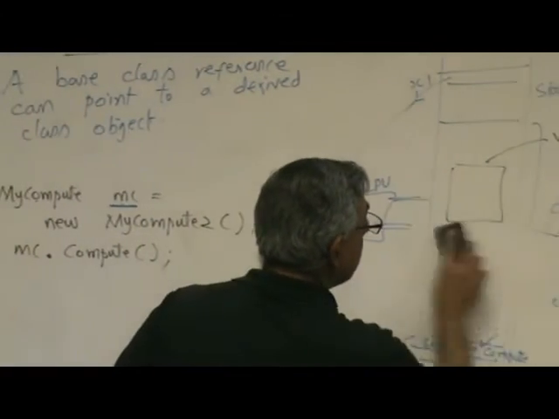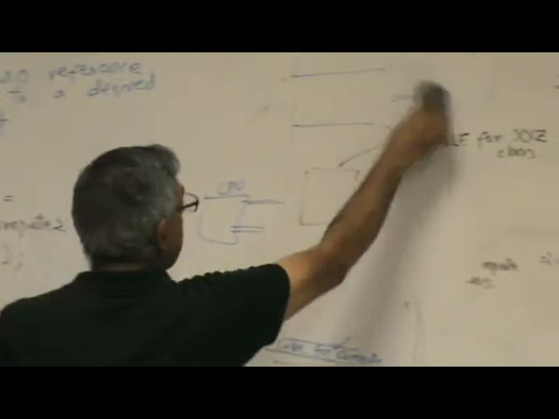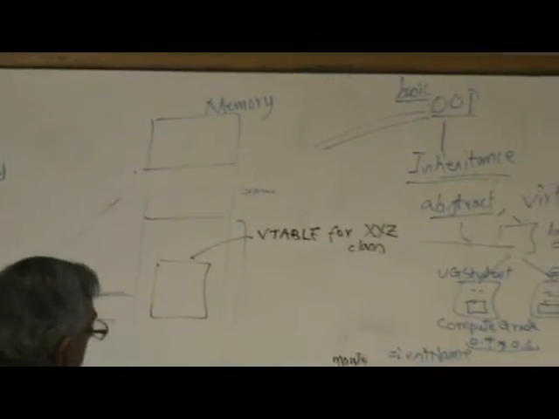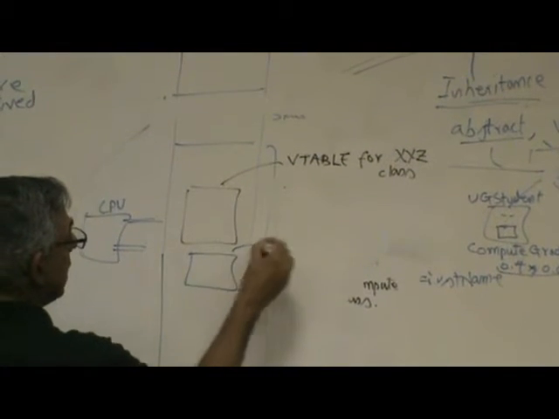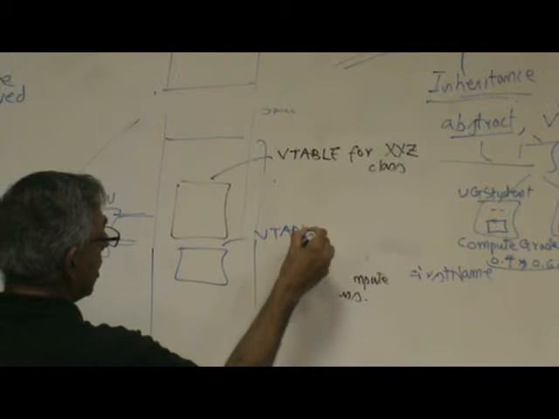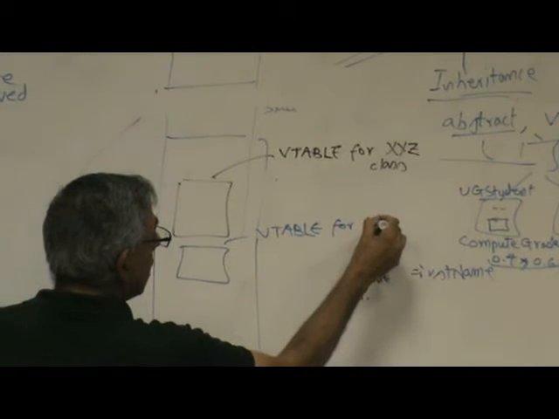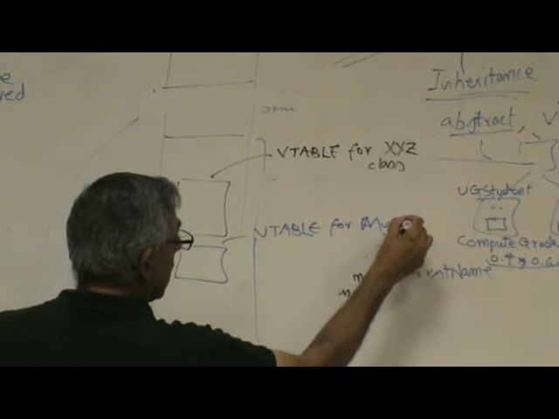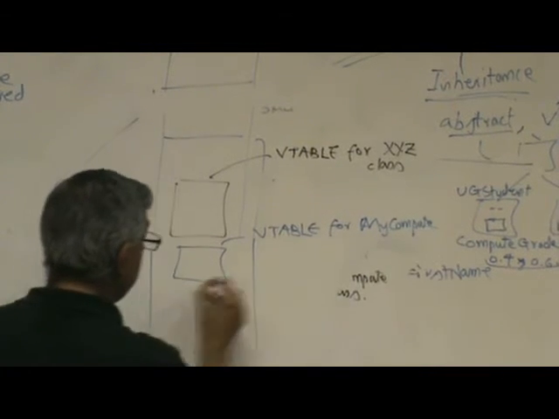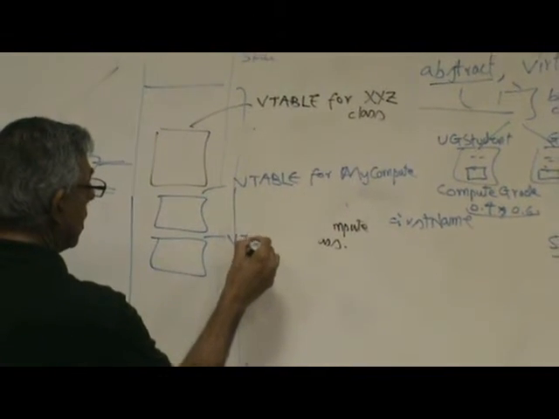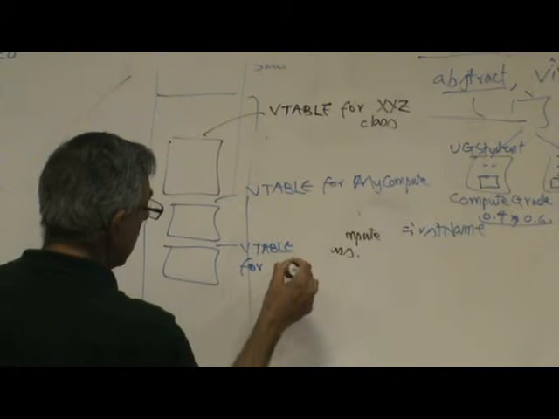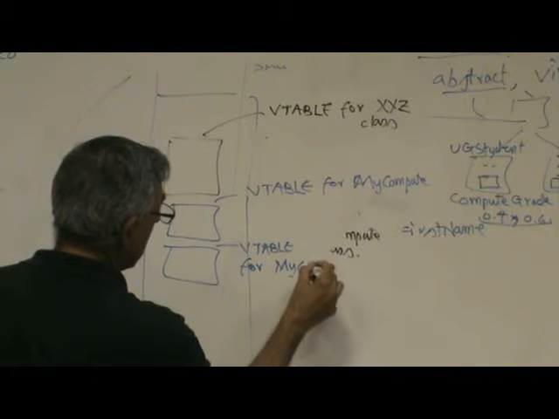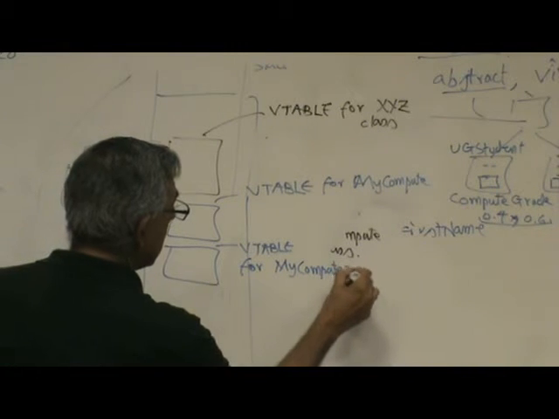So in this example, remember there's a vtable for XYZ, there's a vtable for MyCompute, there's a vtable for MyCompute2, right?